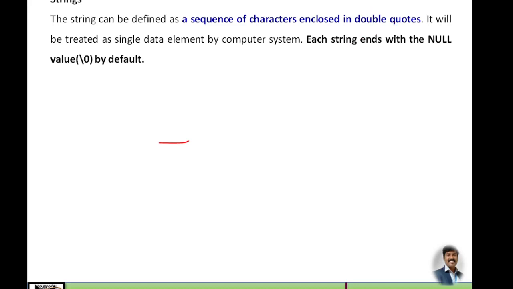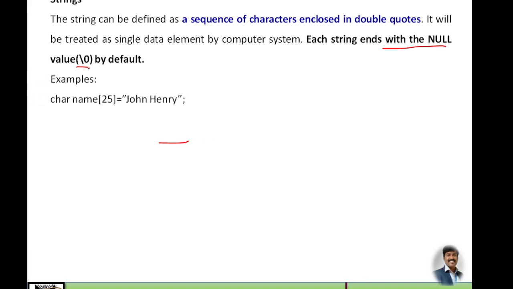Every string ends with a null character, written as \0. The null character marks the end of the string, and by default it is inserted by the compiler during compilation.